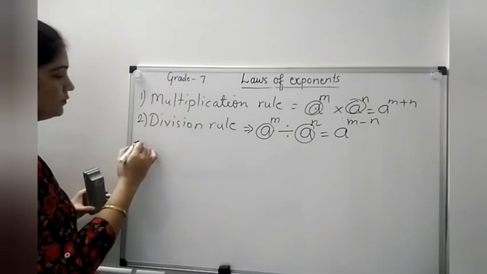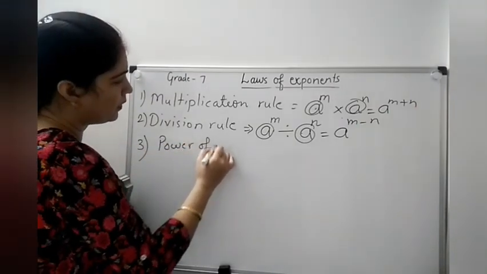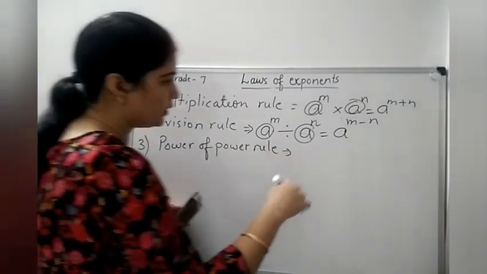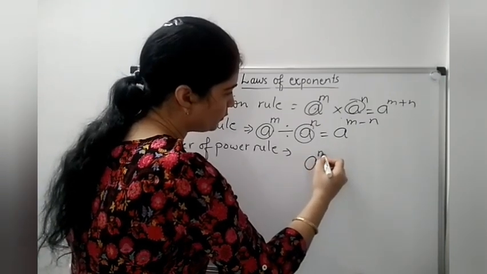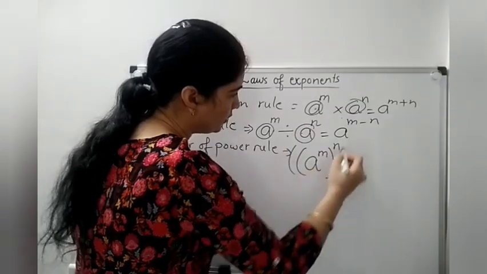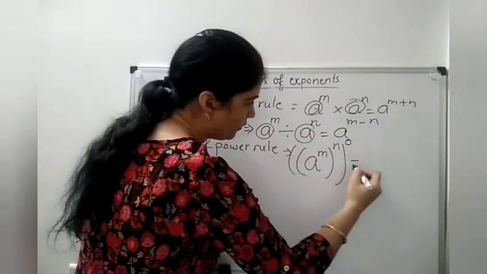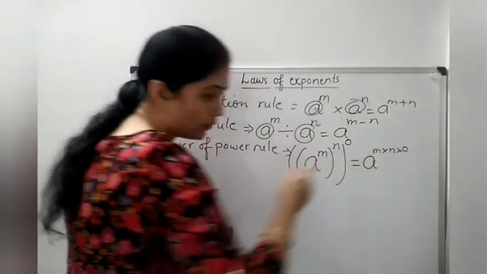Now we will go to the third one, the power of power rule. It means the base already has one exponent or power. Suppose a is any base whose exponent is m, and the whole thing has one more exponent, n. So I have to multiply all the exponents.